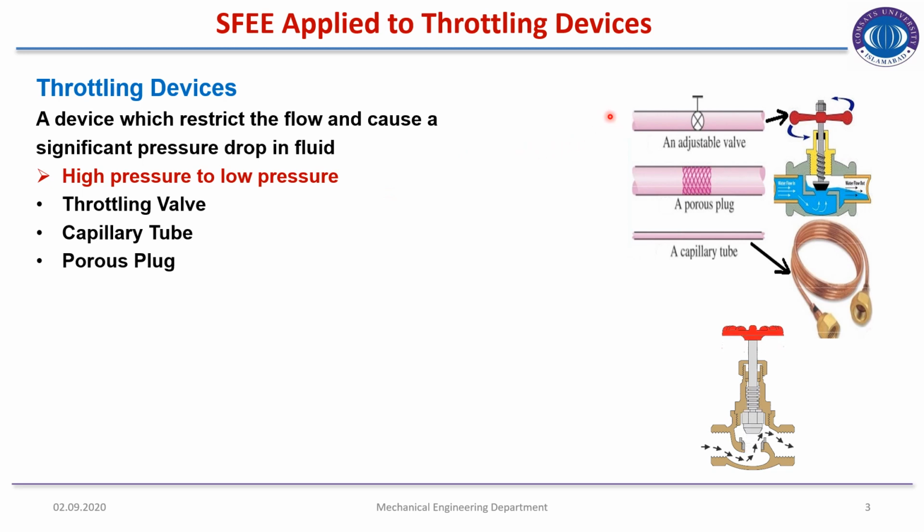For the example of a throttling valve, this is a pipe, and on the left side high pressure fluid is entering, and the valve is present in the middle, and it will convert high pressurized fluid to low pressurized fluid. Physically this is the shape of a throttling valve.